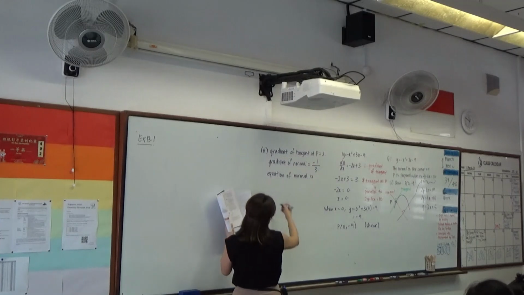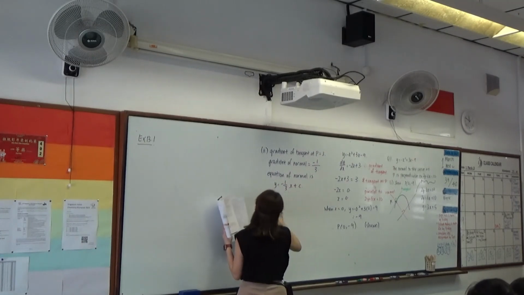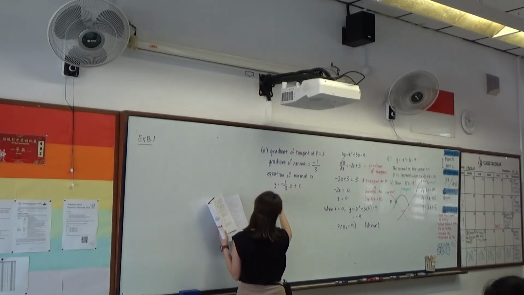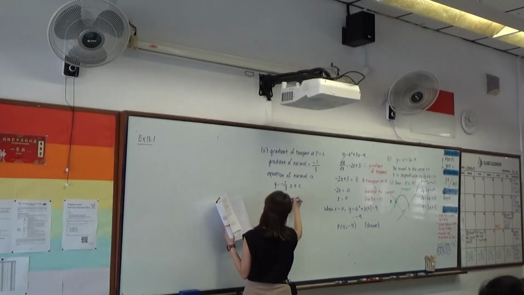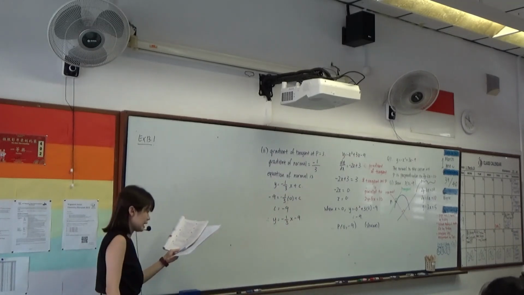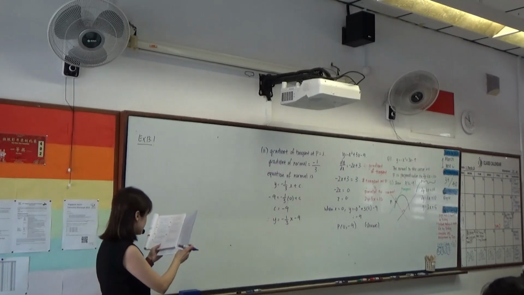So the equation of the normal will be y equals mx plus c. And using the point P, we find that the equation of the line of the normal will be y equals -1/3 x minus 9.